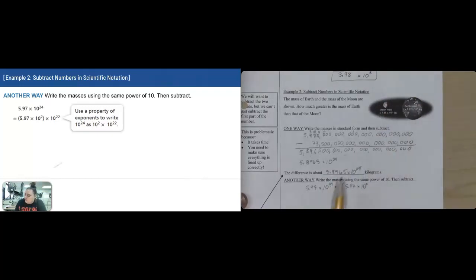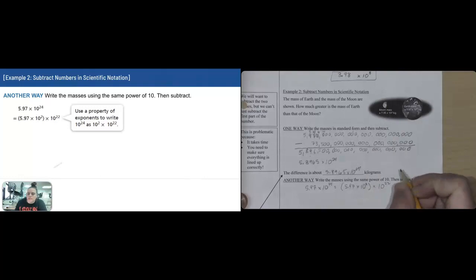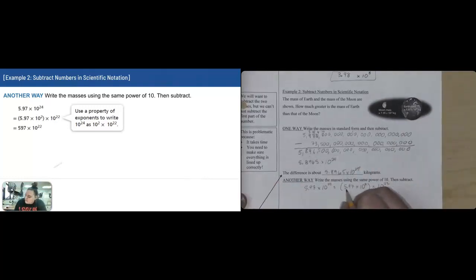Because we have 24, we want to go down to 22, so we need to take two 10s and then times 10 to the 22nd. Now I rewrite that 5.97 times 10 squared is 597 times 10 to the 22nd.